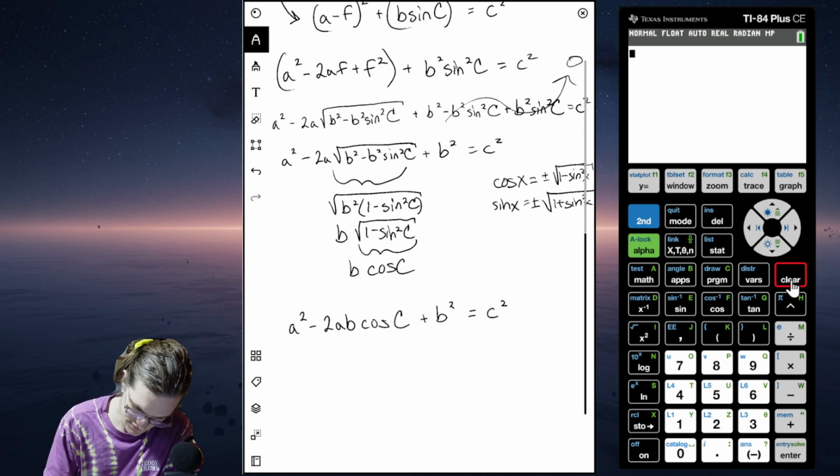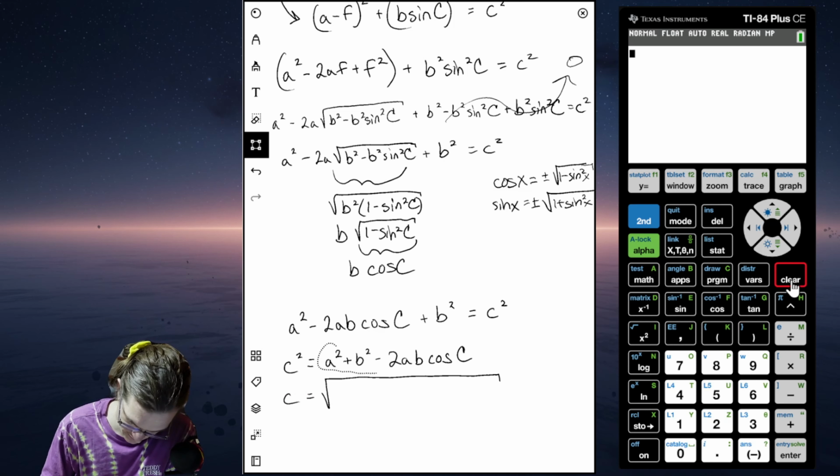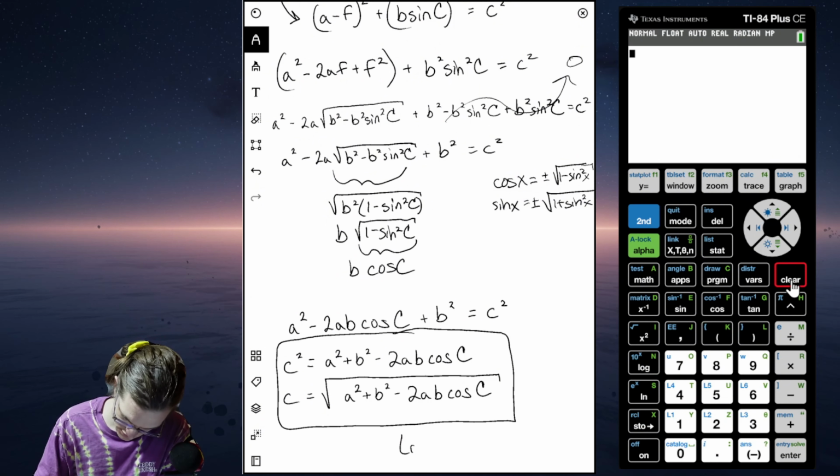We just have to sort of clean it up a little bit by writing it this way. A squared plus b squared minus 2ab cosine of c. And to rewrite that, we can if we choose. I'll just copy this. We can write it like that. And that's your law of cosines shown.